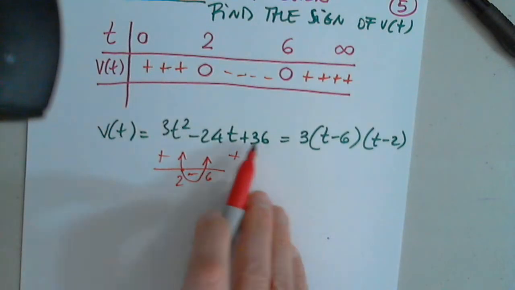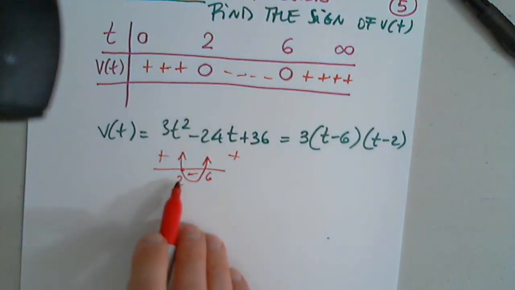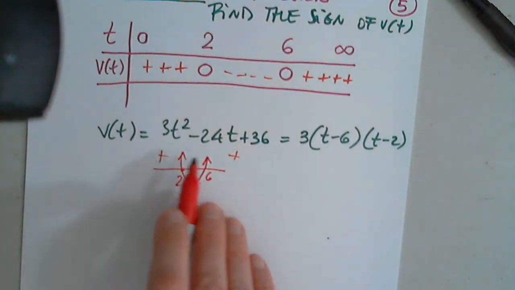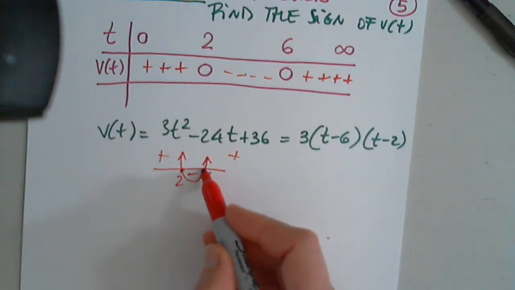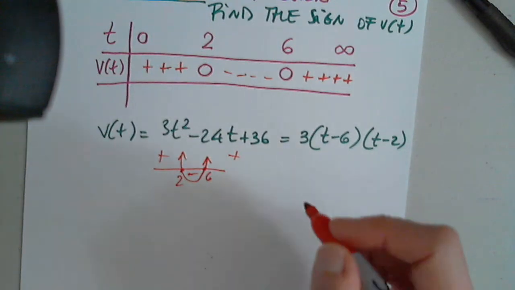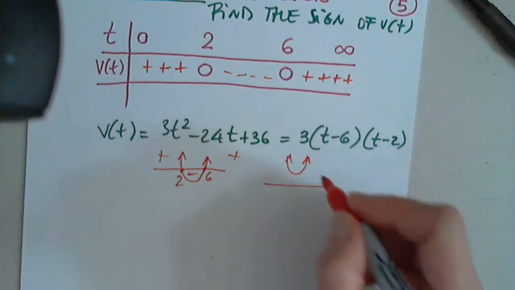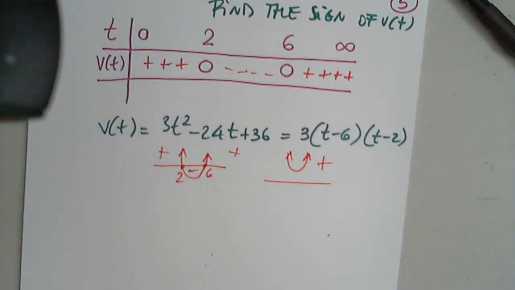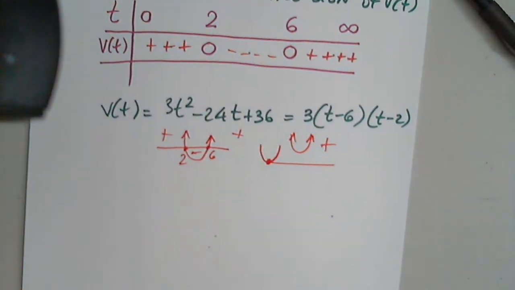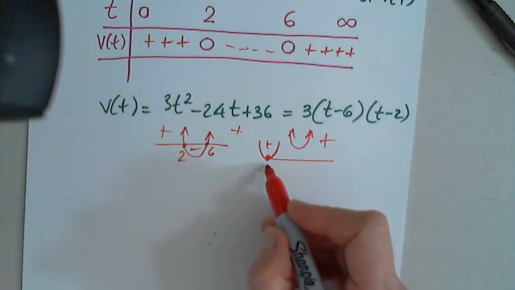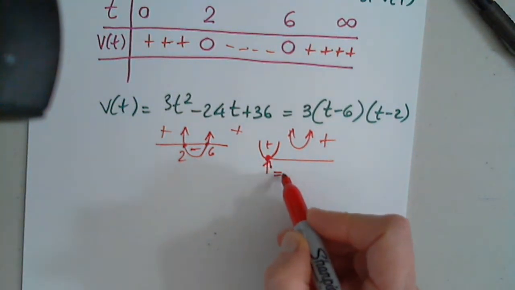Because this is quadratic with a positive leading coefficient, which means it has a minimum, outside must be positive and in between negative, because it crosses the x-axis. If it doesn't cross the x-axis, it's always positive. And even if it only touches in one point, it's always positive, except there where it equals 0.